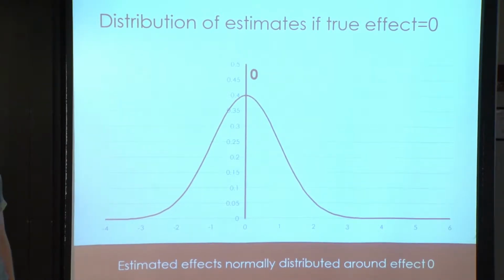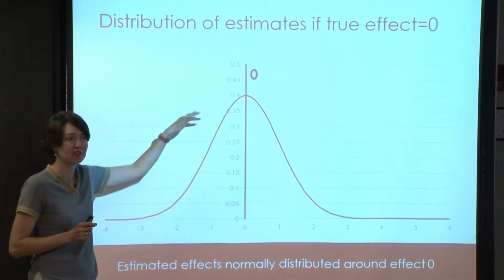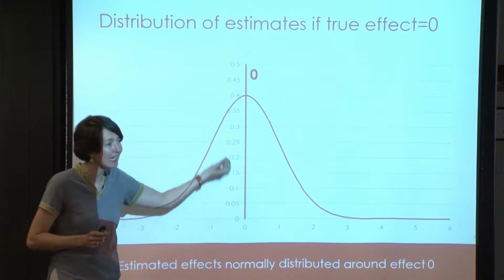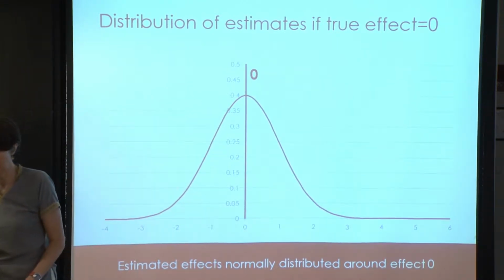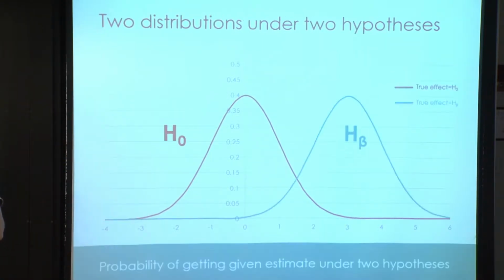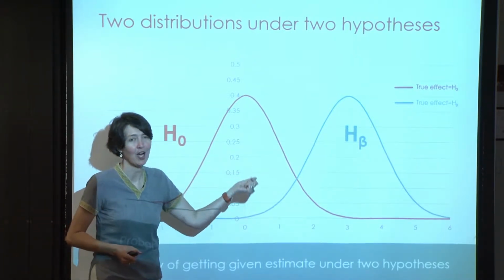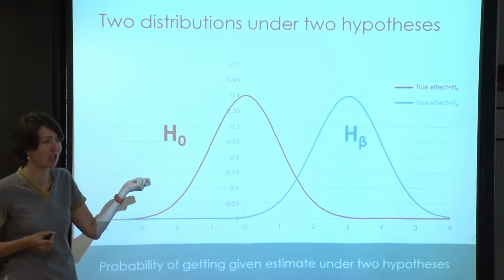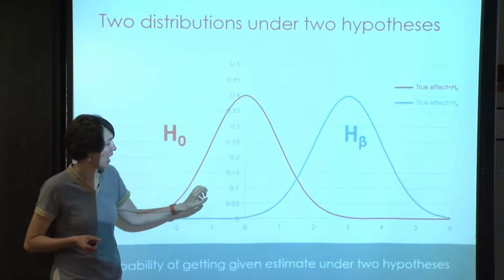Now, if the true effect was 0, we would see that same kind of distribution, but it would be centered around 0. Okay? These are normally distributed, and this time around 0. So I'm going to use these two curves a lot to talk about what we can conclude from our one trial, so it's really important you understand them.